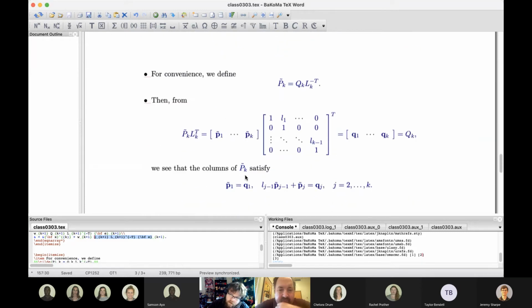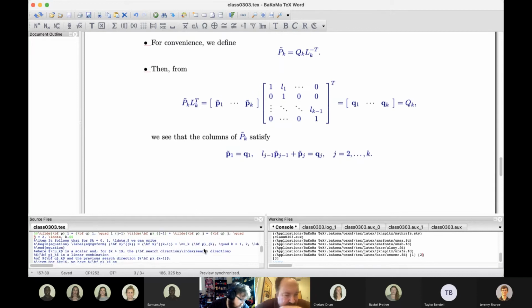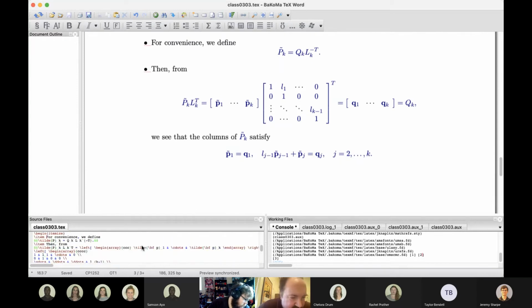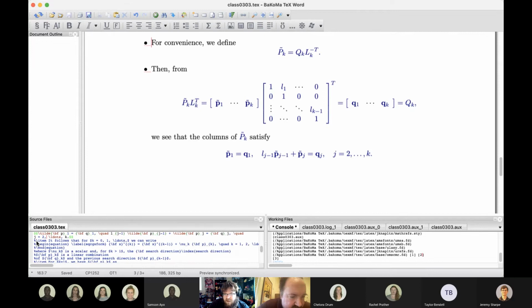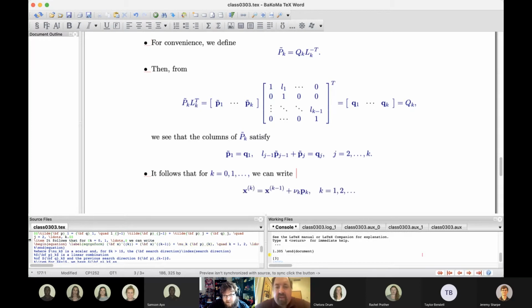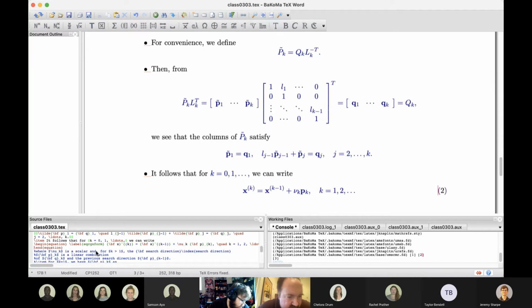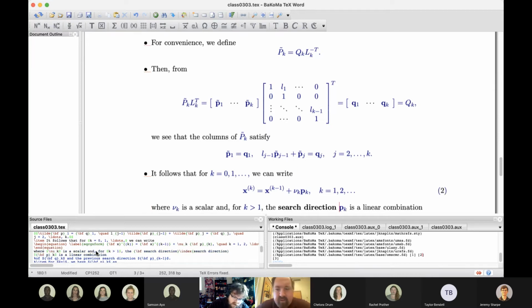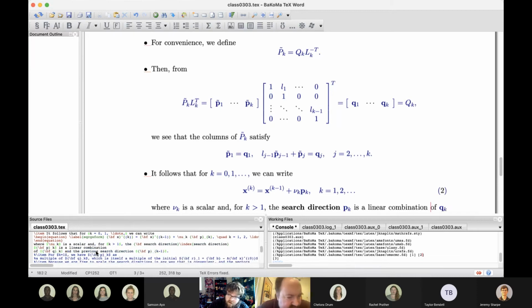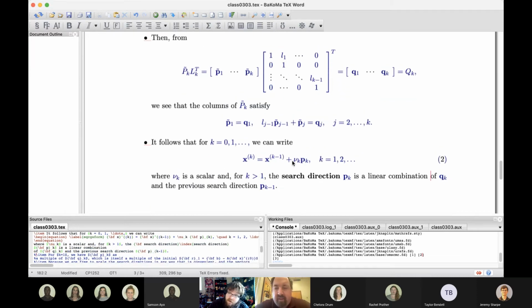So that tells me that I can write each iterate as a previous iterate plus some vector p_k that is a linear combination of one of these Qs and the previous search direction.